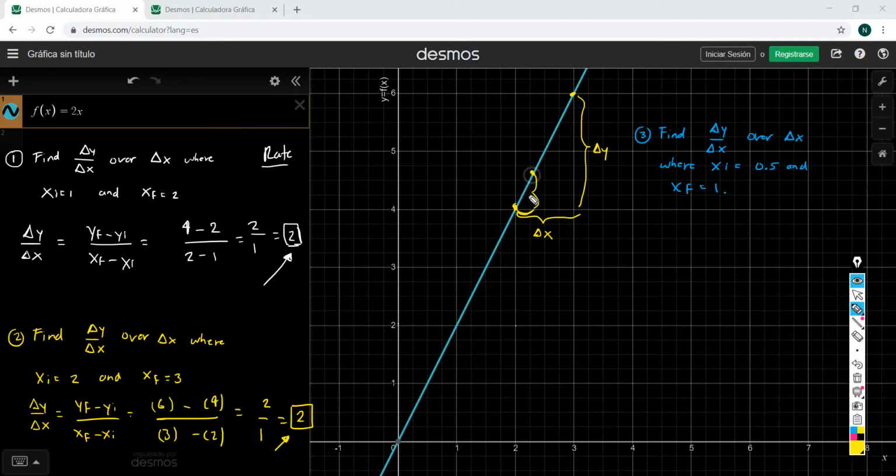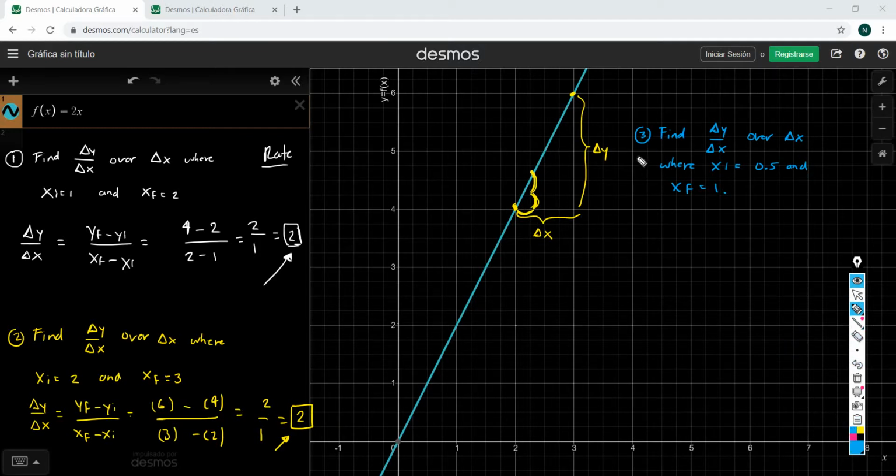Imagine this person walking up a hill, like from here to here. As he walks up the inclined hill, he's walking a little bit to the right and a little bit upwards. And for every little bit that he walks to the right, he's walking two of those little bits upwards. That's what this 2 means. That's what the rate of change means. That's the concept. You have to understand the concept.